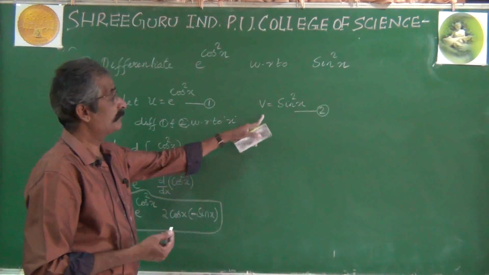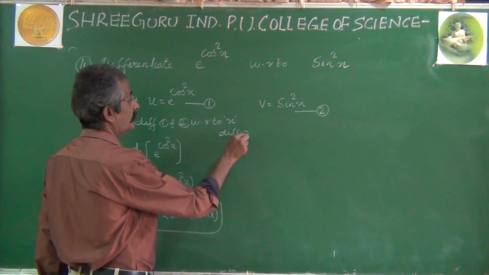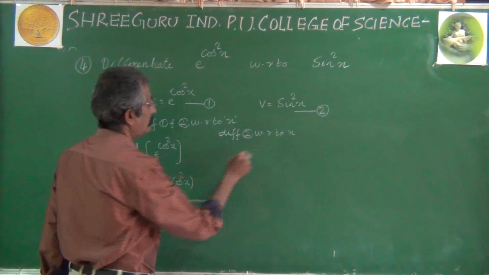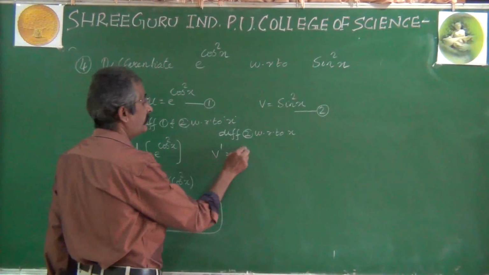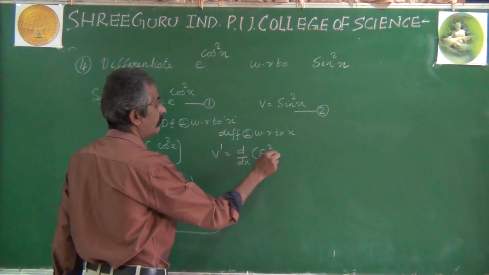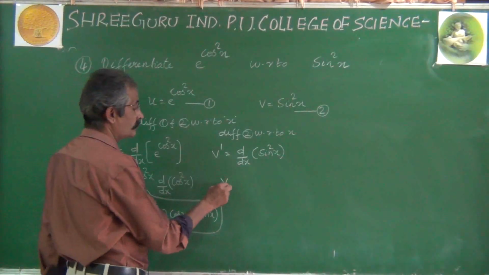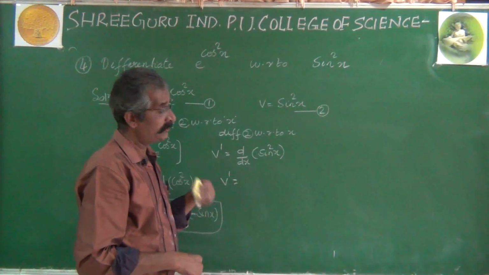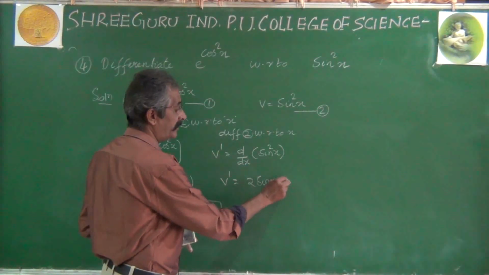Next, we shall differentiate 2 with respect to x. On differentiating 2 with respect to x, v dash equals d by dx of sin square x. That is v dash equals, now sin square x differentiation means 2 sin x into cos x: 2 sin x multiplied by derivative of sin x, which is cos x.